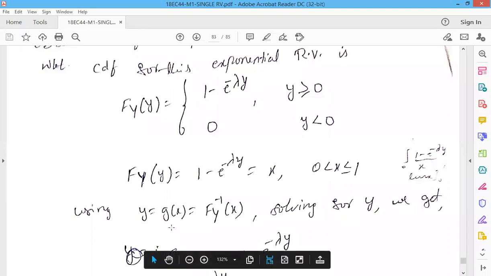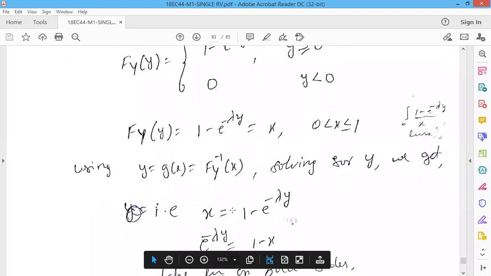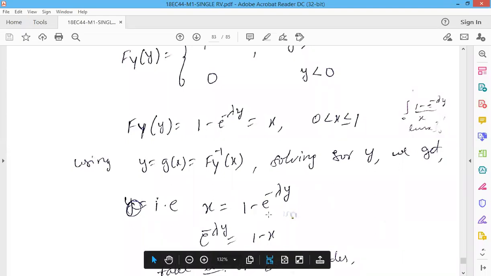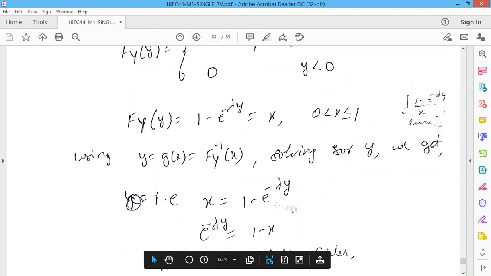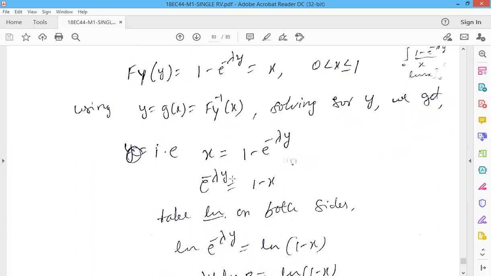As we know, y is equal to g of x is equal to Fy inverse of x, so you're using the inverse function and solving for y, we will get the algorithm that we're looking for. So from this we can write x is equal to 1 minus e to the power minus lambda y. You just rearrange the terms: e to the power minus lambda y will be taken onto the LHS, and x which is present on the LHS will be brought onto the RHS. So we'll get e to the power minus lambda y is equal to 1 minus x.